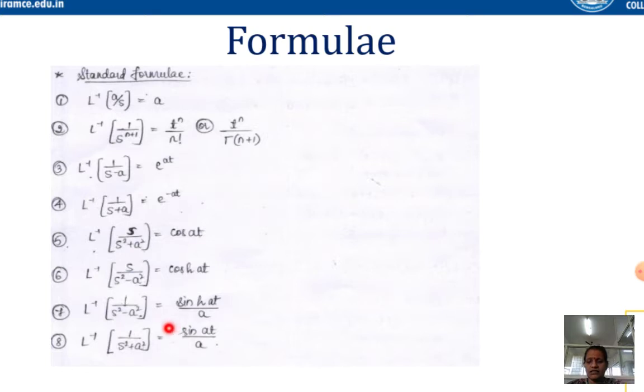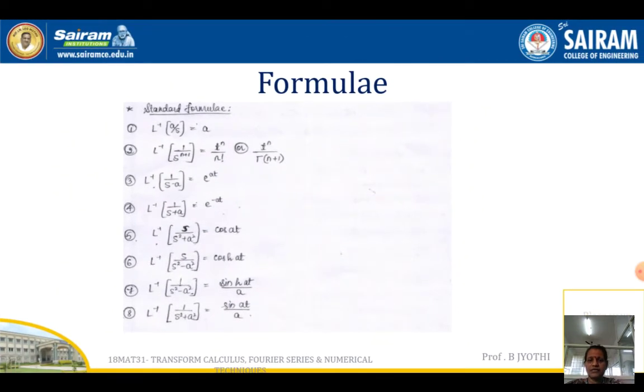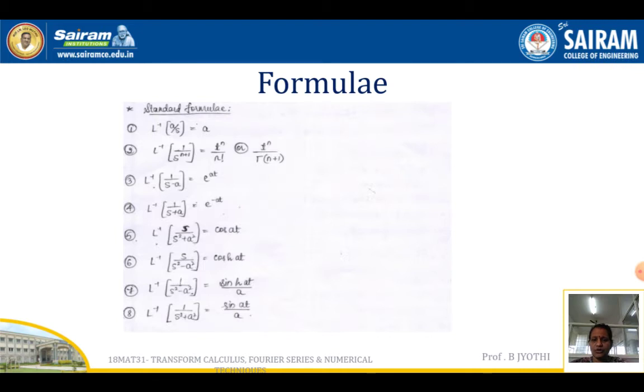Similarly, L inverse of 1 upon s square plus a square is sin at by a, or L inverse of a divided by s square plus a square is sin at. These are the important formulae which we will be using for solving the problems. Now, in the next slide, I will be explaining the properties which we apply to solve the problems.